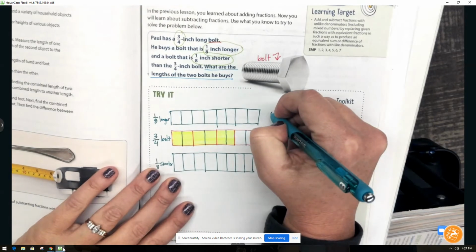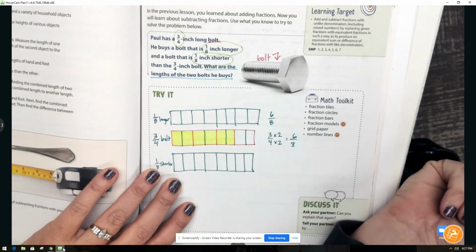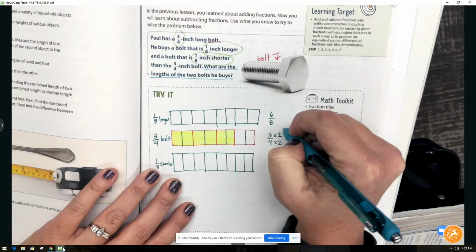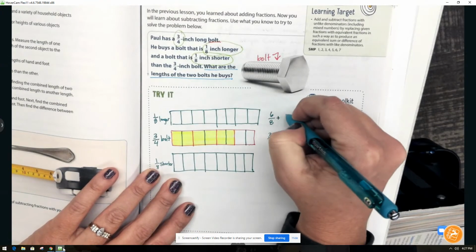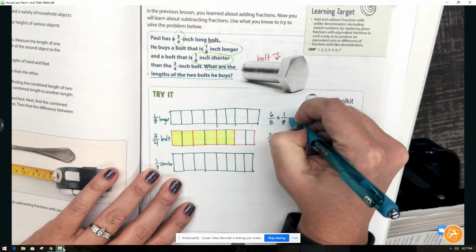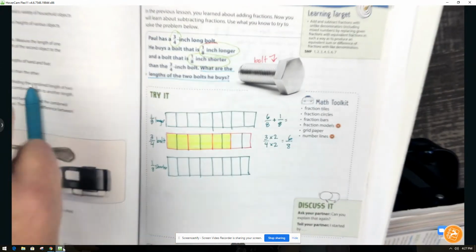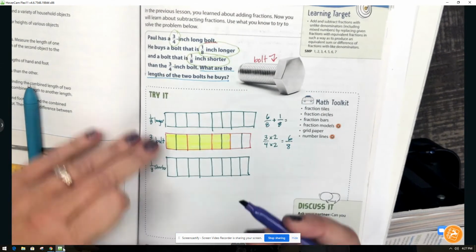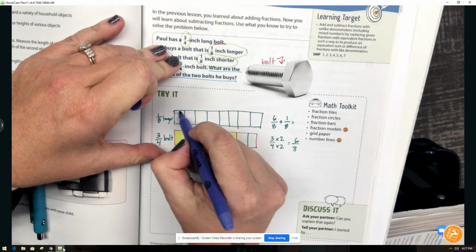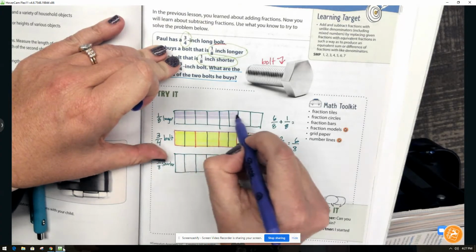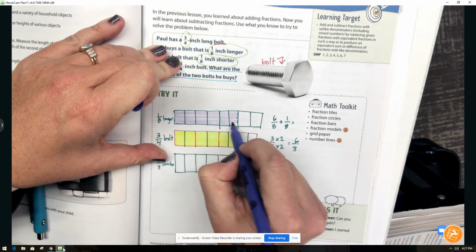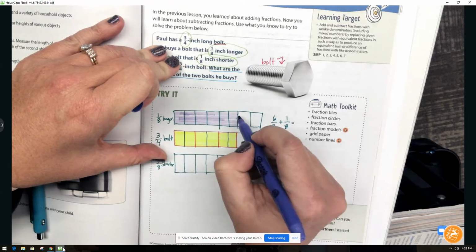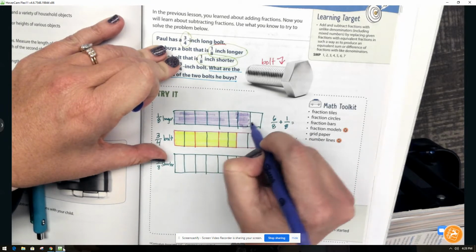So if we had 6/8 and we wanted to draw it 1/8 of an inch longer, that means we're going to add 1/8 of an inch to it. So I'm going to highlight the same 6/8 because that's the same size, and then I'm going to highlight 1/8 of an inch longer.